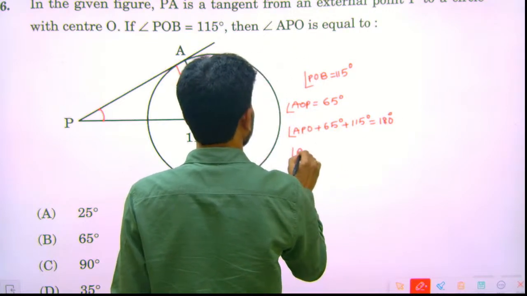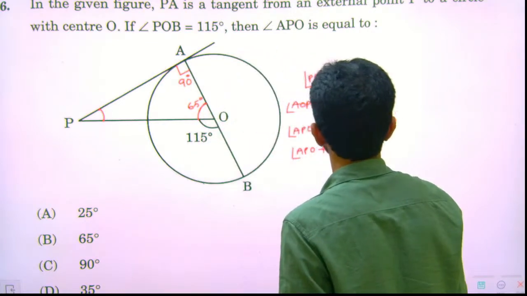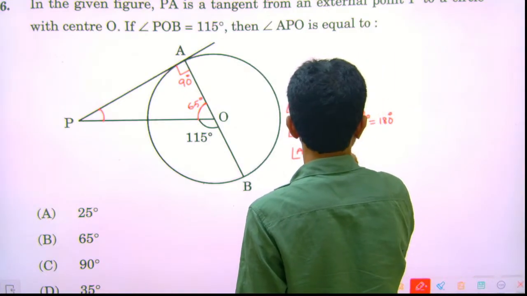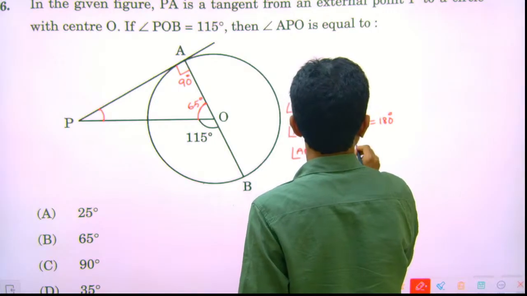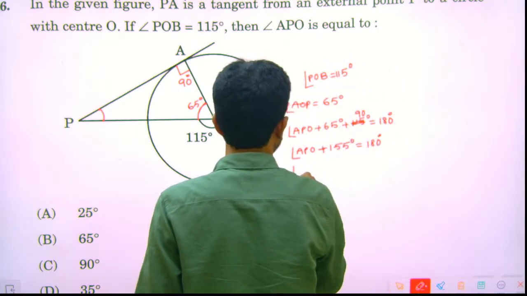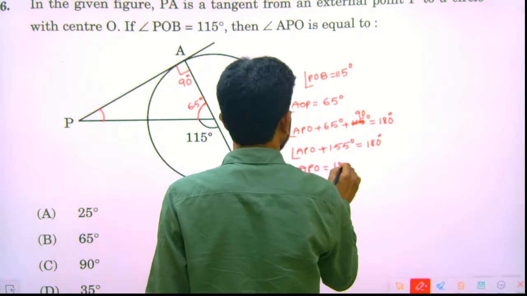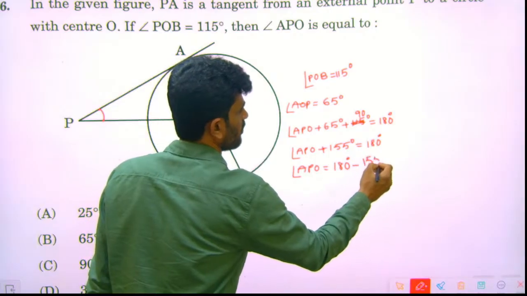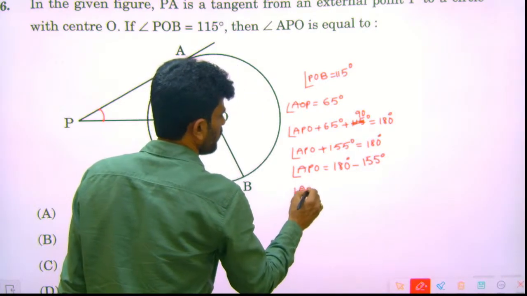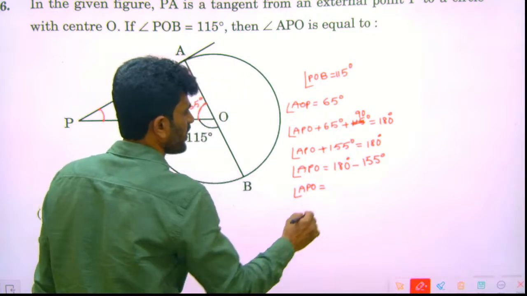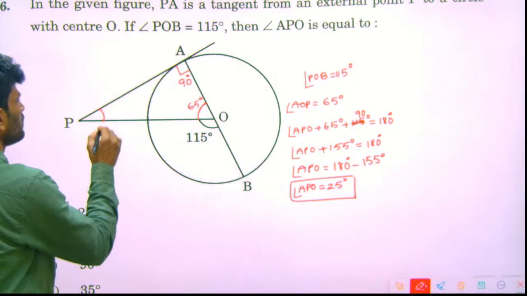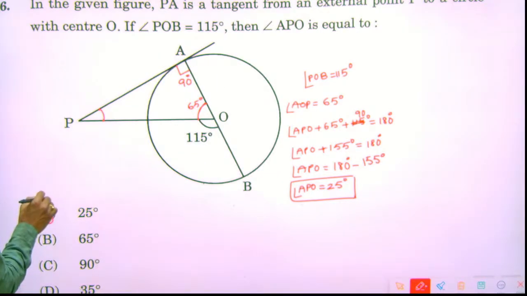The sum of these two is 155. Then angle APO is equal to 180 minus 155, which is 25 degrees. Option 25 degrees is option A. Question number 16, option A is correct.